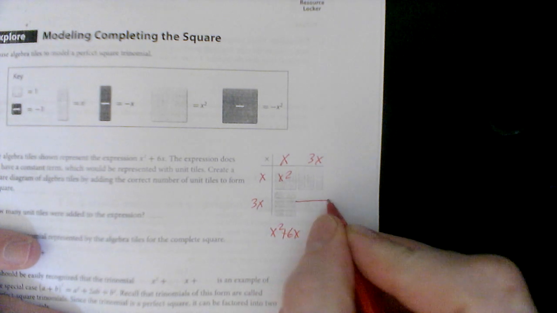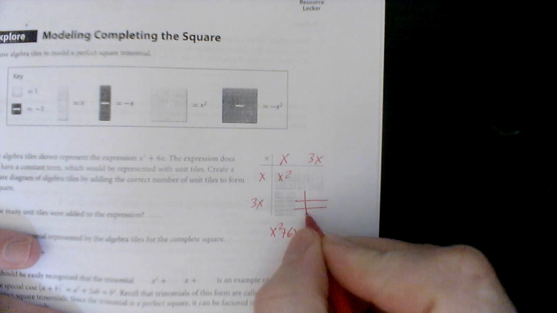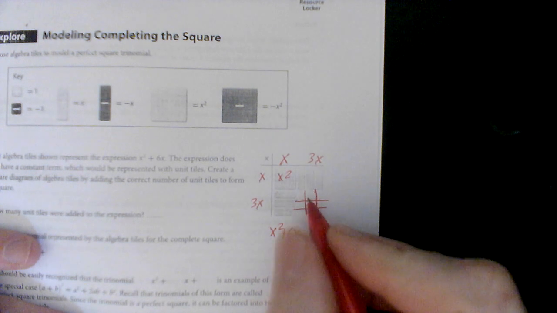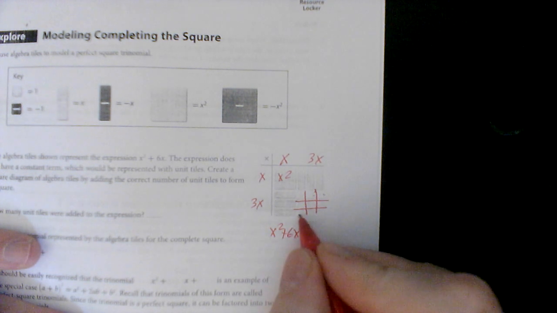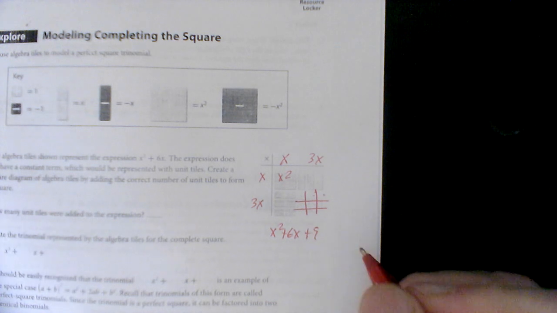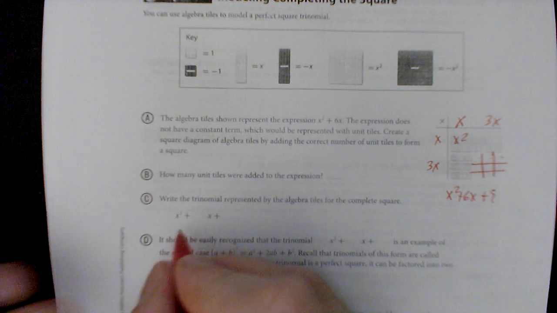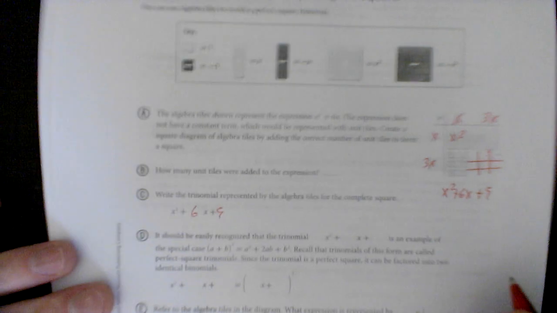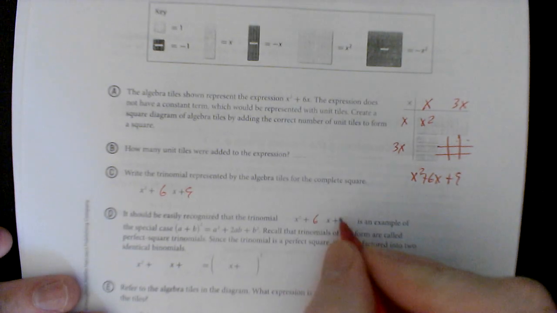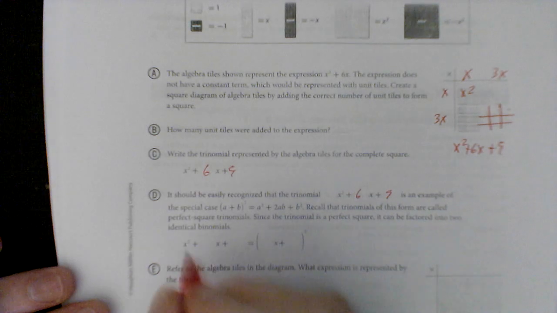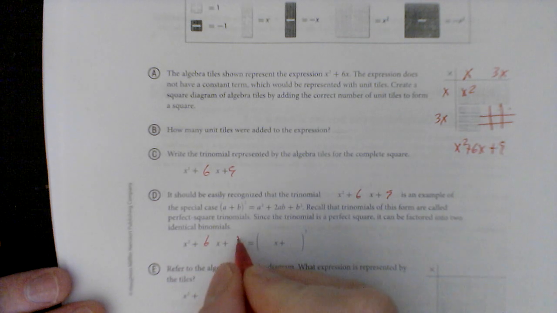If you fill in the spots created by those x's to complete a square, we could see that there's 1, 2, 3, 4, 5, 6, 7, 8, 9 ones that would have to be added. So representing the completed square, it's x squared plus 6x plus 9, right? And what they want to know is what binomial creates that.